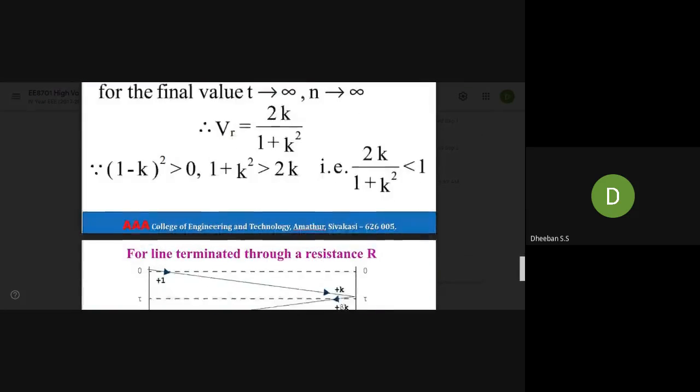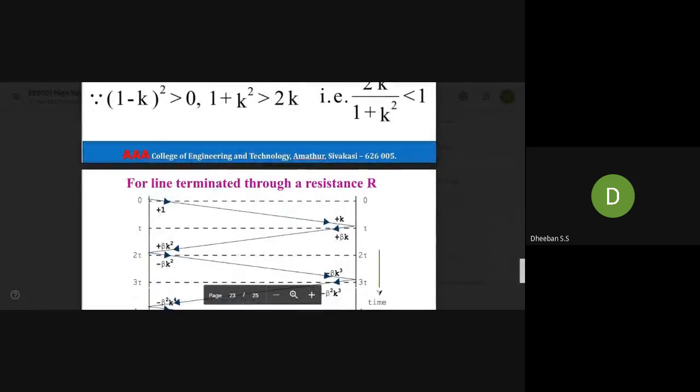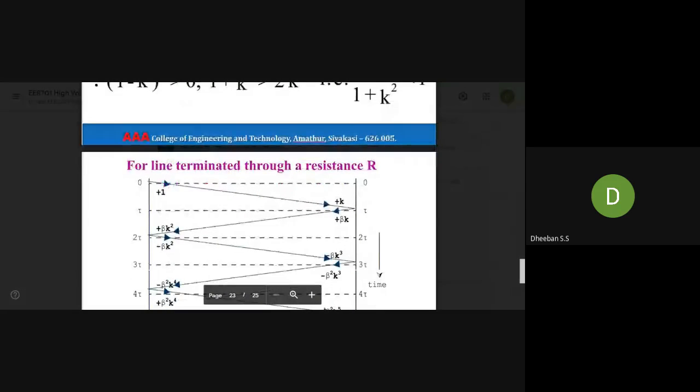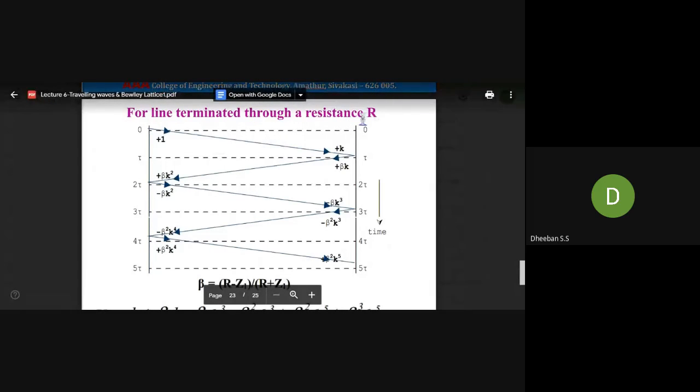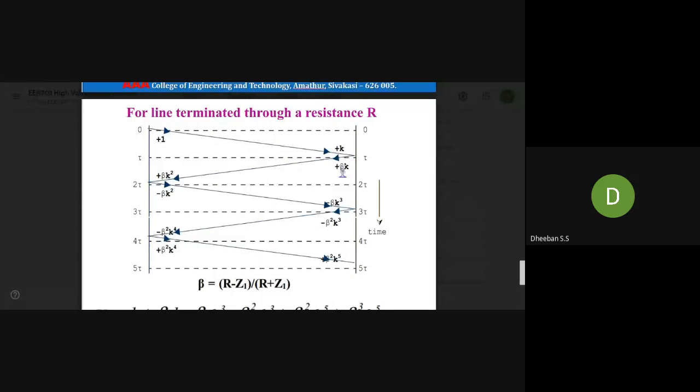There's also a short circuit, and there's the condition of termination through a resistance R. Here, if you're taking the resistance R, another factor beta is included. That's the only difference.